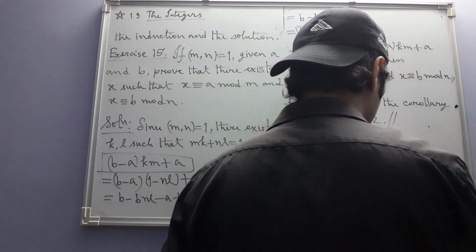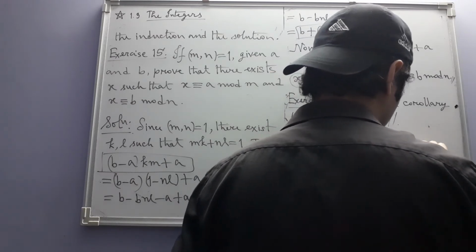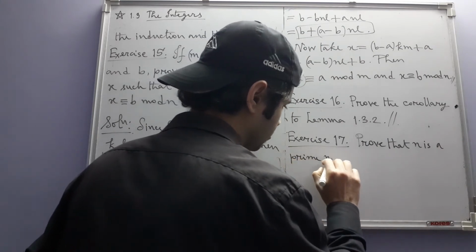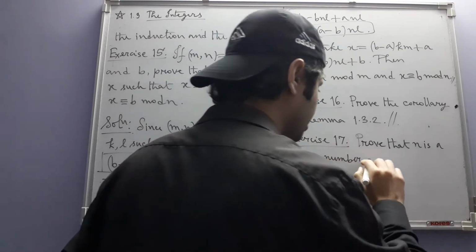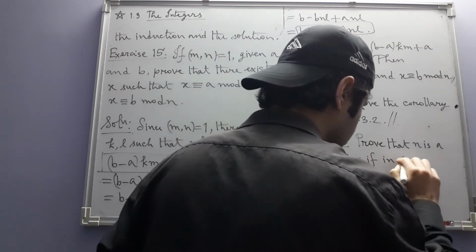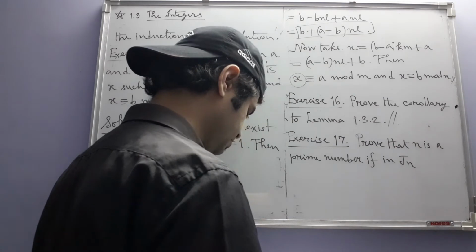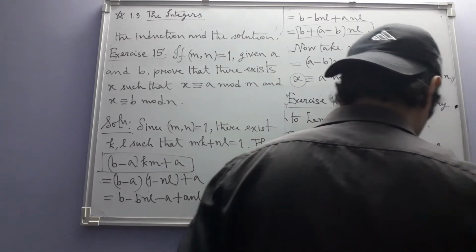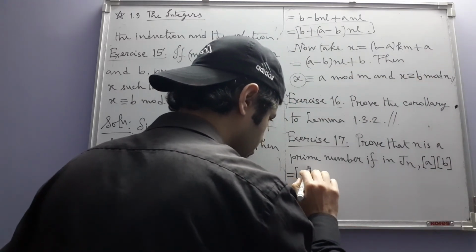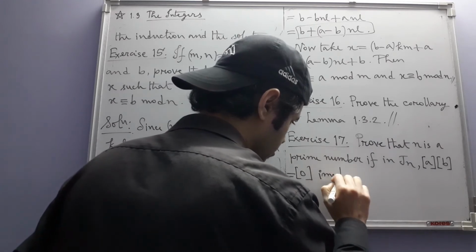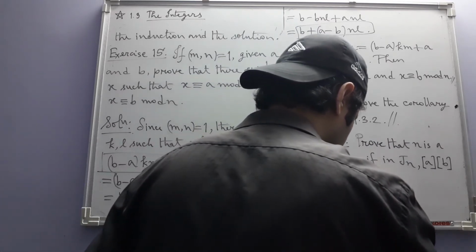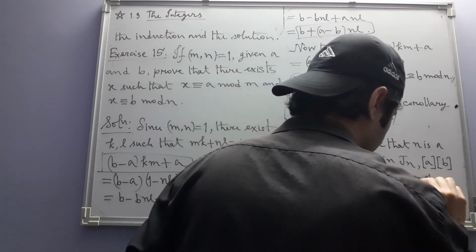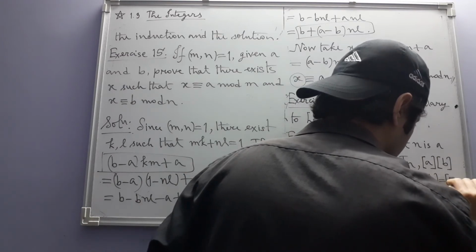Prove that n is a prime number if in Jn this equation implies a is equal to 0 or b is equal to 0.